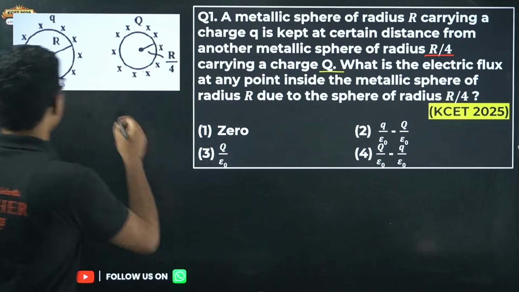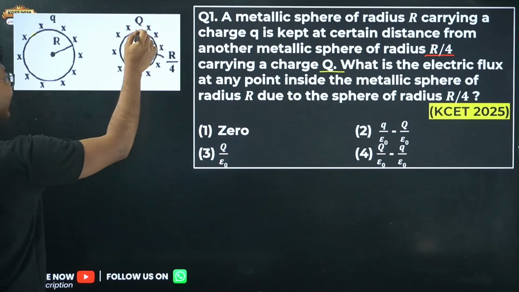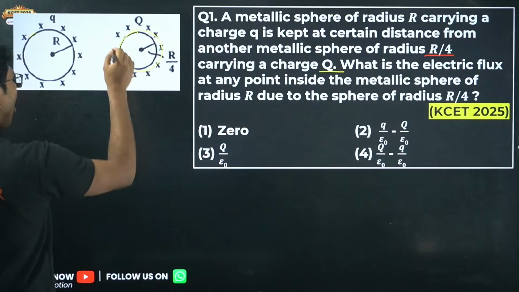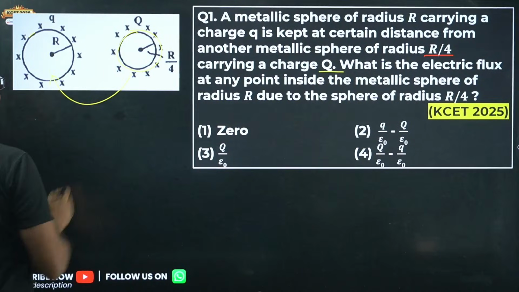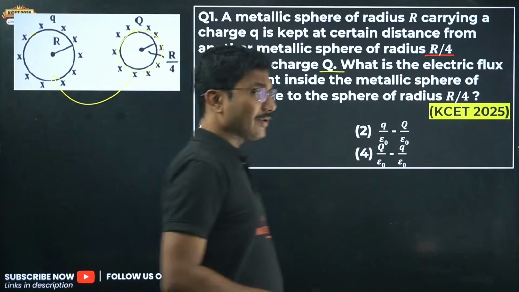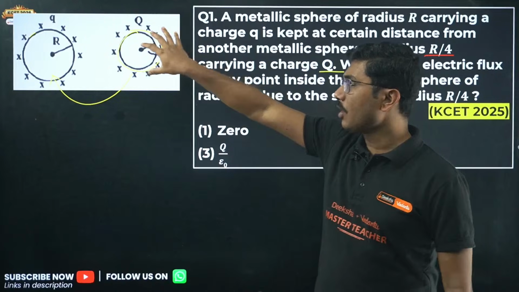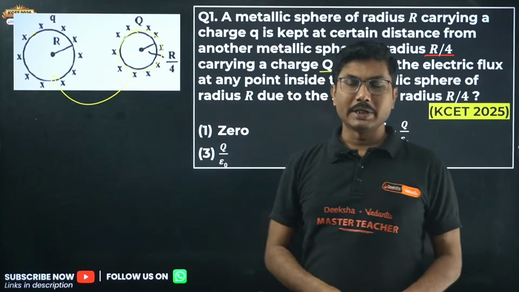So what is the electric flux due to this sphere on this sphere? You have to find the electric flux due to the smaller sphere on the bigger sphere.